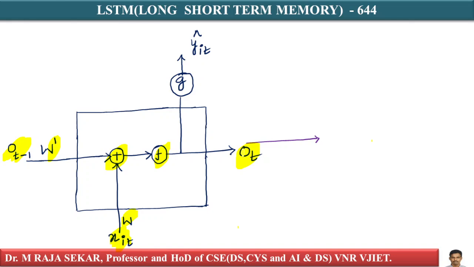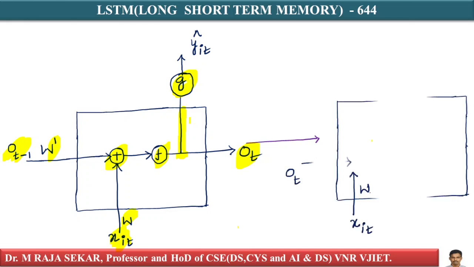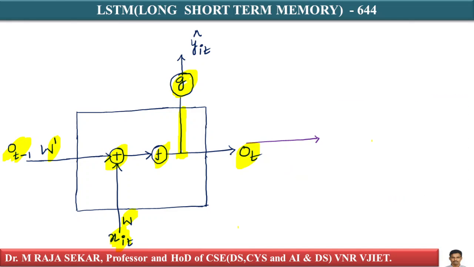This Ot we also send to another function G, which will generate the output Yit cap. All these things we discussed in our previous lecture. So this is the structure that we have seen.